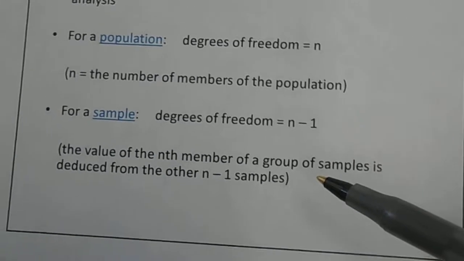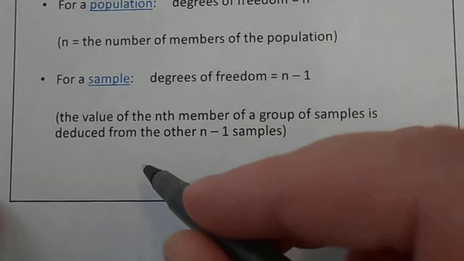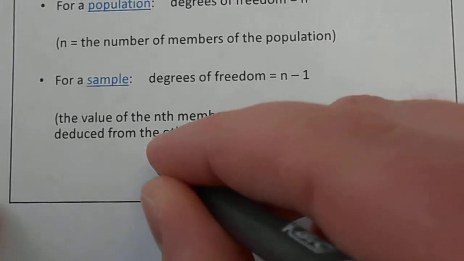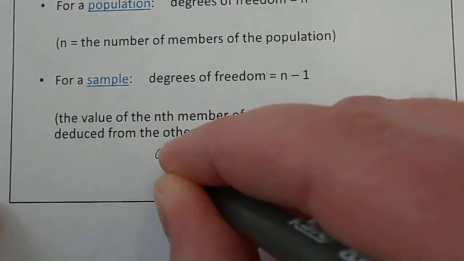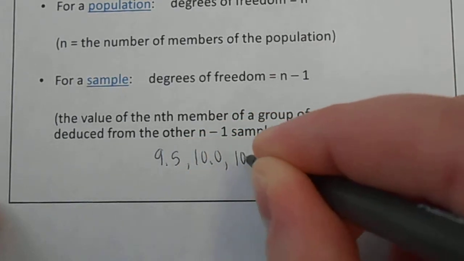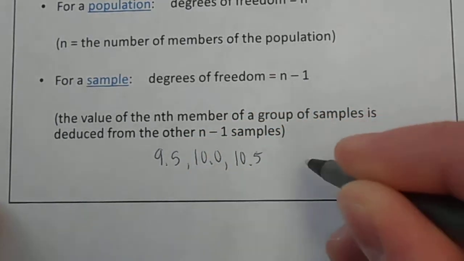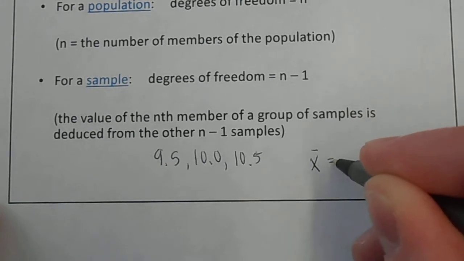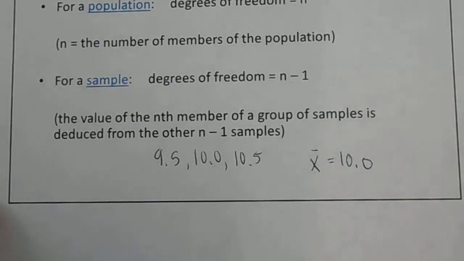Or another way of looking at this, if we had a smaller number for argument's sake, say we had 3 values, 9.5, 10.0, and 10.5. Obviously our average here would be 10.0.